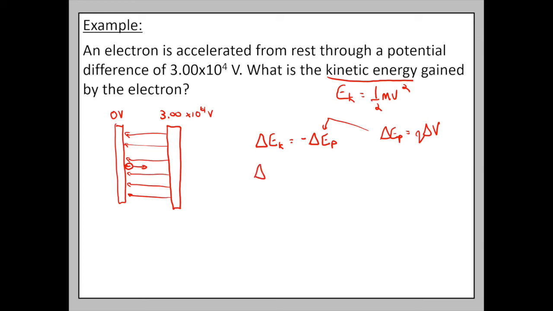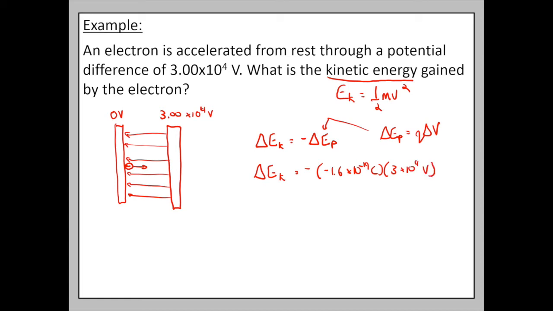So our change in kinetic energy is now going to be equal to negative, well, we have Q, which is negative 1.6 times 10 to the minus 19 coulombs, and we have this multiplied by our delta V, which is 3 times 10 to the 4 volts.